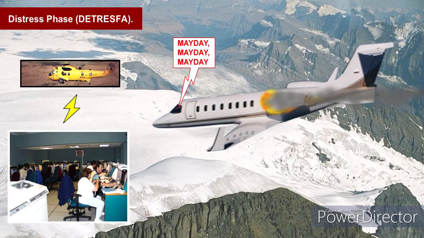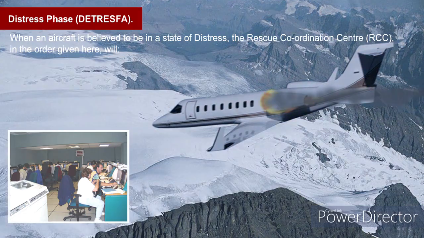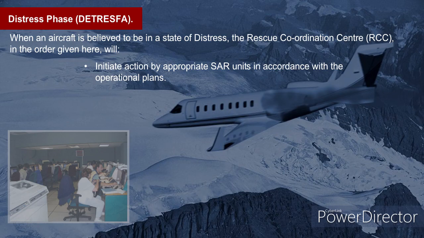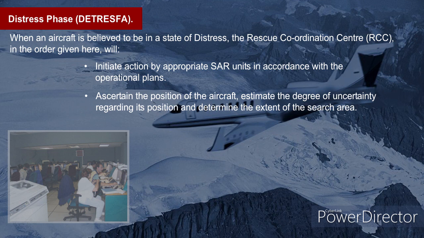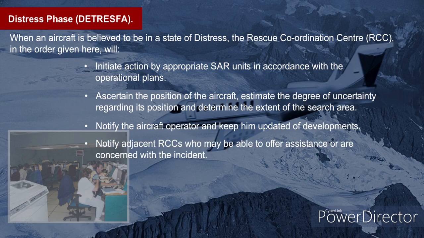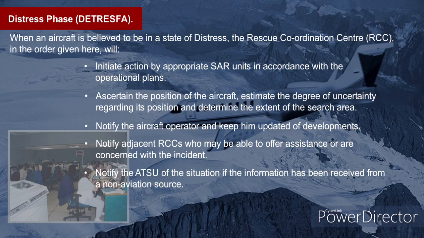When an aircraft is believed to be in a state of distress, the RCC, in the order given here, will initiate action by appropriate search and rescue units in accordance with the operational plans, ascertain the position of the aircraft, estimate the degree of uncertainty regarding its position, and determine the extent of the search area, notify the aircraft operator and keep him updated of developments, notify adjacent RCCs who may be able to offer assistance or are concerned with the incident, notify the Air Traffic Service Unit of the situation if the information has been received from a non-aviation source.